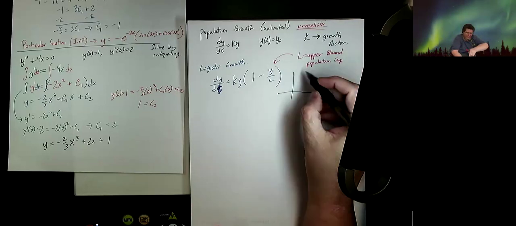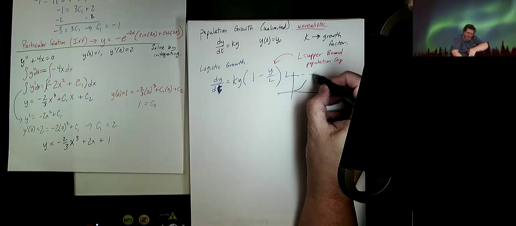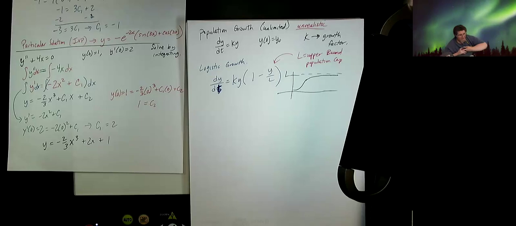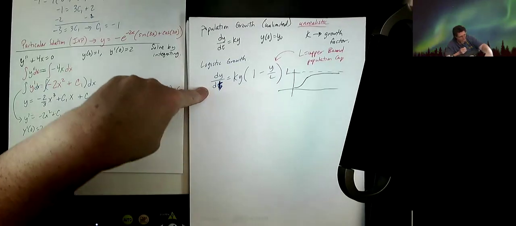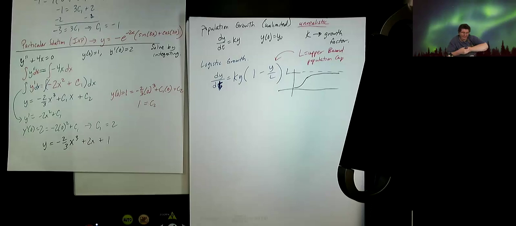This one will grow exponentially until it gets close, and then L acts like a horizontal asymptote and caps out. If it goes above it, it swings back down to go underneath it. Usually if it hits L exactly, this becomes 0, so dy/dt is 0, and there's no growth. So it'll stagnate there.